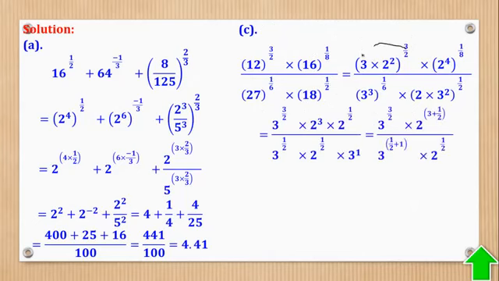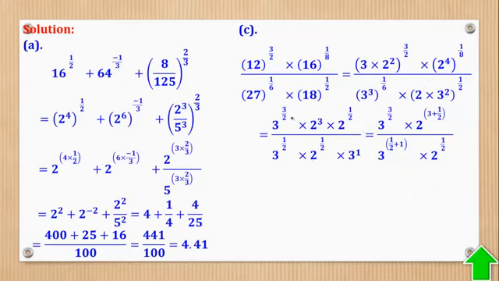So this times this, it gives you that. This times this, it gives you this. And this times this, we get that. That is for the numerator. For the denominator, this and this gives you that. Then here, this half with this gives you 2 to the power half. And this times this gives a power of 1.